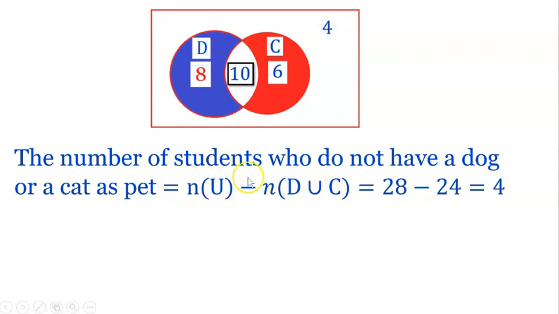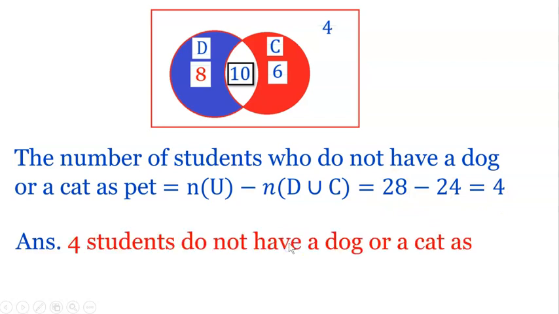N of U means what? Number of the students, they are 28, and N of D union C means what? हे असे विद्यार्थी आहेत की ज्यांच्याकडे डॉग आणि cat as a pet animals आहेत. They are 24, 28 minus 24, that is equals to 4. And hence the 4 students do not have a dog or a cat as a pet.